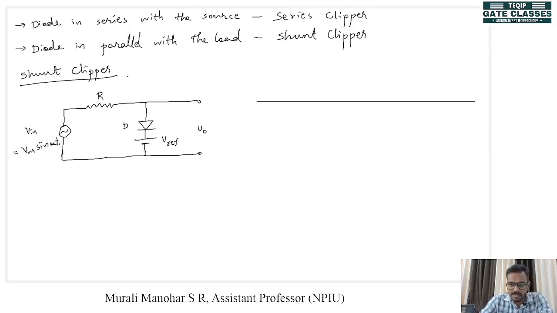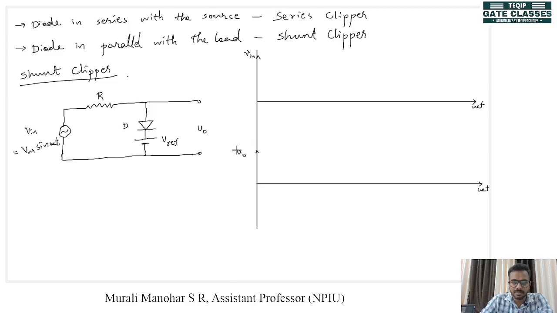We'll draw two sine waves to denote the input and output. This is our Vin, and here we have our Vout. Input is obviously a sine wave.